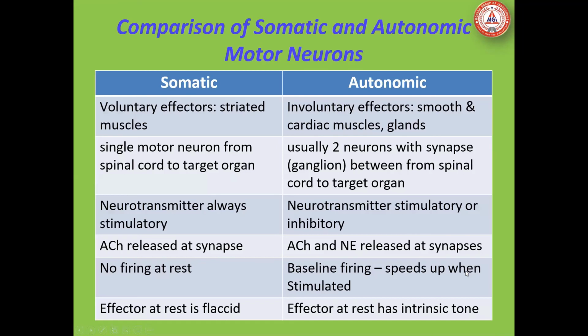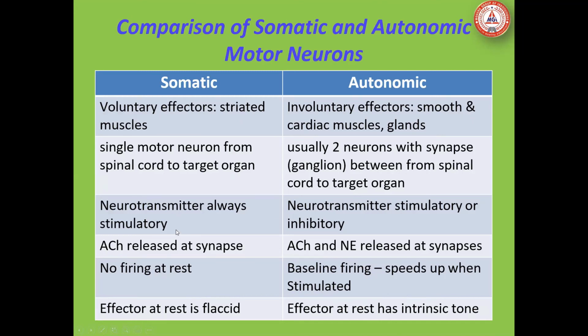Comparison of somatic and autonomic motor neurons. Somatic: voluntary effect, striated muscle. Autonomic: involuntary effectors, smooth muscle, cardiac muscle, and glands. Somatic: a single motor neuron from the spinal cord to the target. Autonomic: usually two neurons with a synapse between the spinal cord and the target organ, the preganglionic and postganglionic.